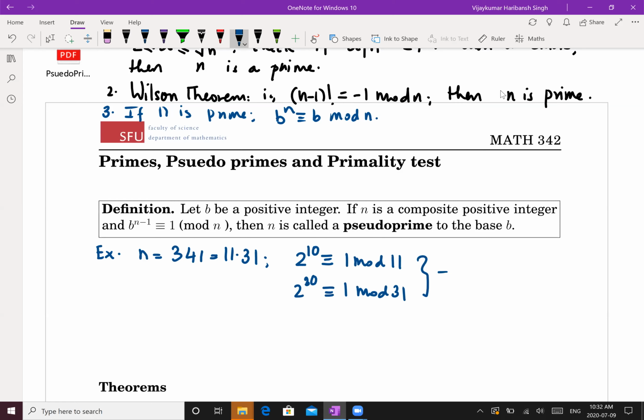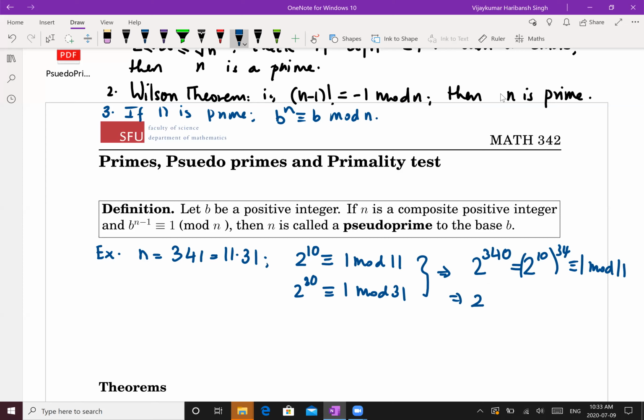And if we apply the Chinese remainder theorem or otherwise, you can see that this means 2 to the power 10 times 30 works. This implies 2 to the power n minus 1. So what is n minus 1 here? 340. So 2 to the power 340, which is the same as 2 to the power 10, the whole power 34, is congruent to 1 mod 11.